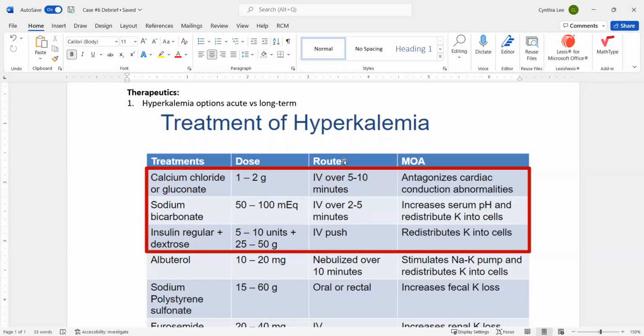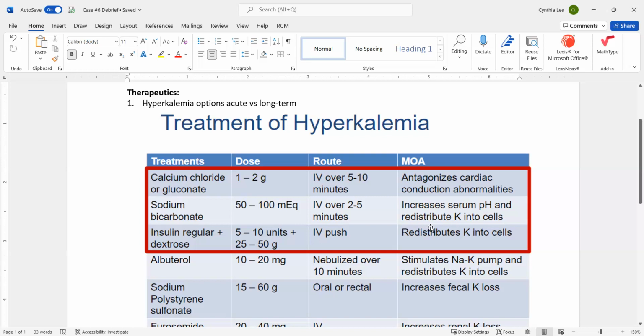So a lot of times, you're going to be looking for either sodium bicarb or insulin regular, and know the mechanism of action. Okay, so those two do not really excrete the potassium from the body. They only shift the potassium from the blood to the cell, so that we don't have hyperkalemia anymore.